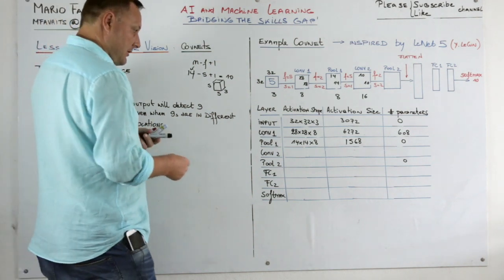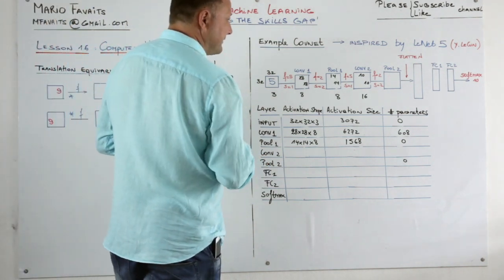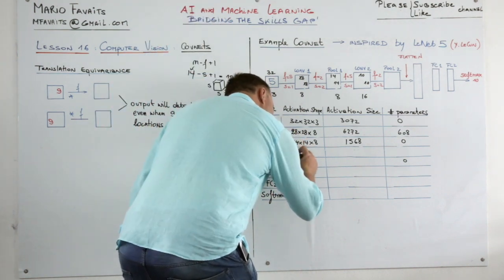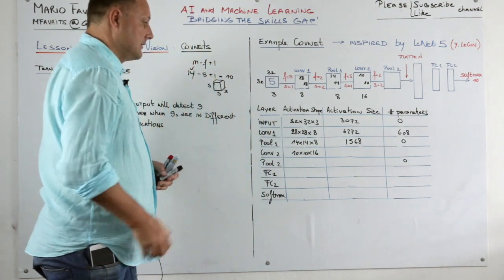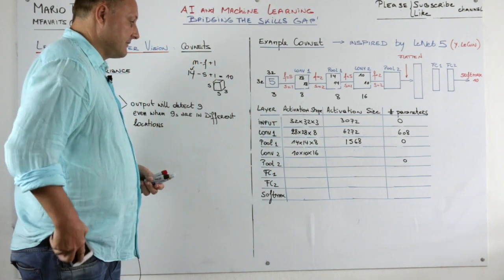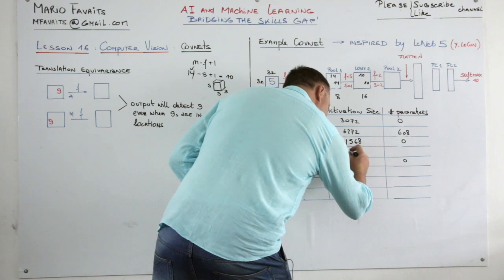So conv2 is 10 times 10 times 16, which is 1600.